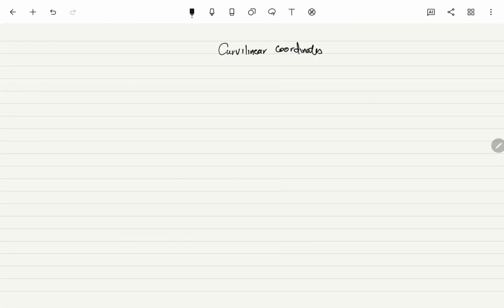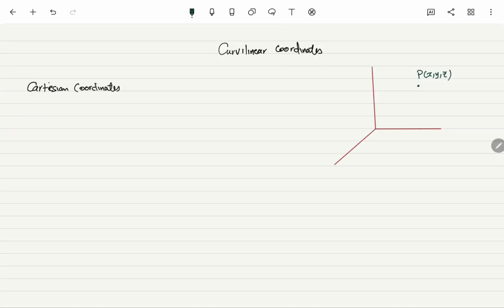So let's have a quick reminder of the Cartesian coordinates. If we have x, y, z coordinates here and a point P located in xyz space, remember this is i hat, this is j hat, and this is k hat.